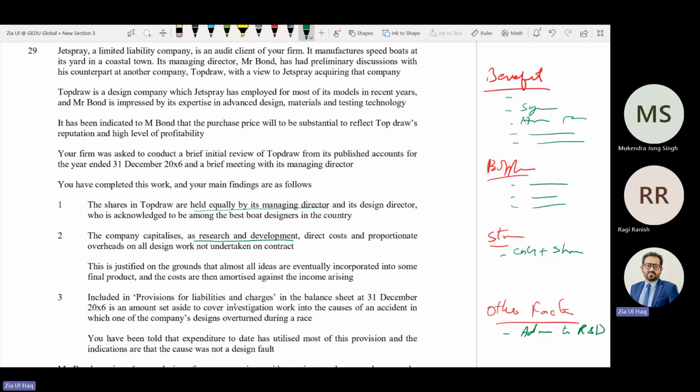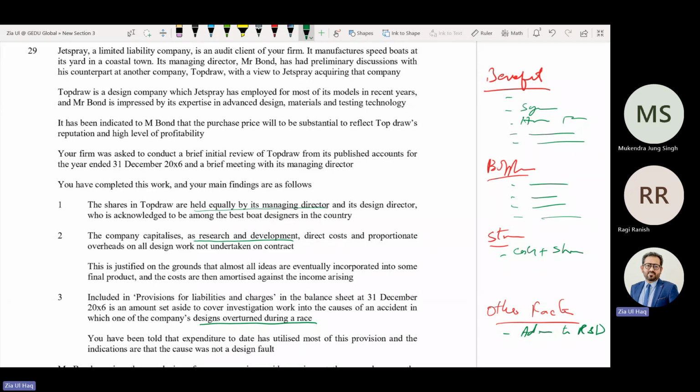Included in provision for liabilities and charges in the balance sheet at 31st December 2026 is an amount set aside to cover investigation work into the cause of an accident in which one of the company's designs overturned during the race. So due to a design fault, the company is facing some kind of fines, penalties. That's why the company has recorded a provision. And if that provision has to be paid after acquisition, this could create a serious cash flow issue for the company.